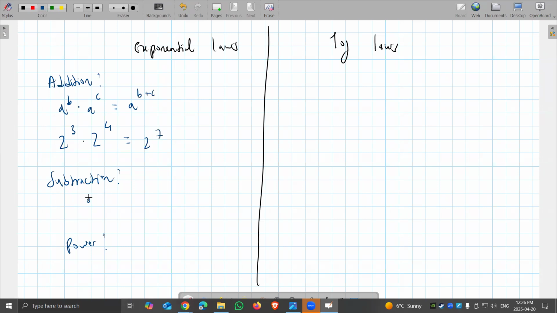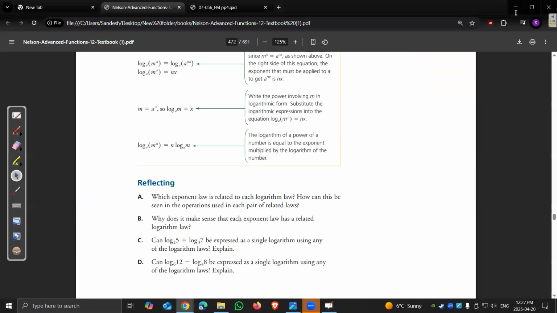What if it's division? What do you do with the exponents? You subtract them. What if it's a power, a to the b, to the power c? What happens there? You multiply. So those are the exponential laws.